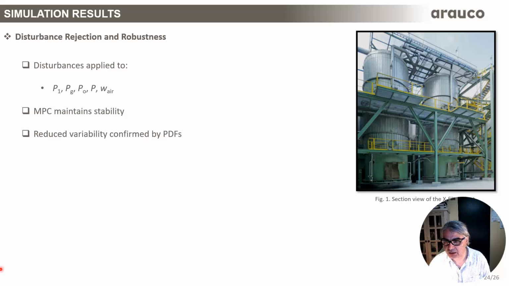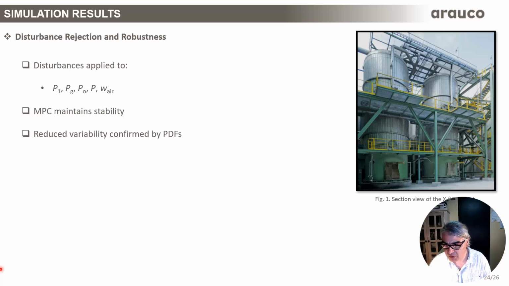Additionally, disturbance tests were performed on pressure and airflow to evaluate robustness. The MPC consistently maintained stable operation with reduced variability across the controlled variables. Probability density functions and the standard deviation further confirmed substantial reductions in variability, reinforcing the robustness of MPC under realistic industrial disturbances.